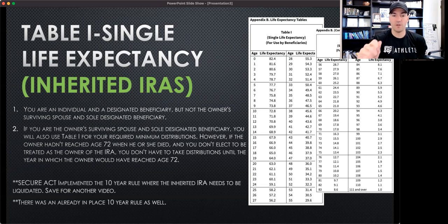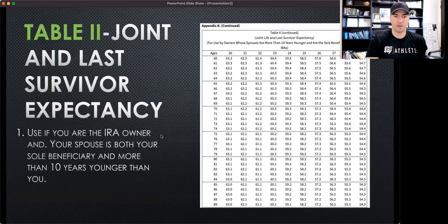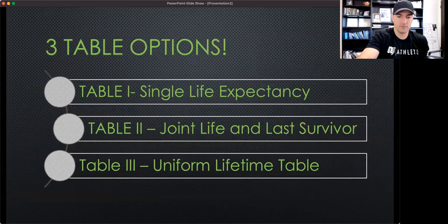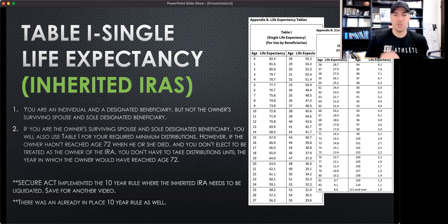If the owner hadn't reached age 72 when he or she died, and you don't elect to be treated as the owner of the IRA. What that means is you can basically assume an IRA.